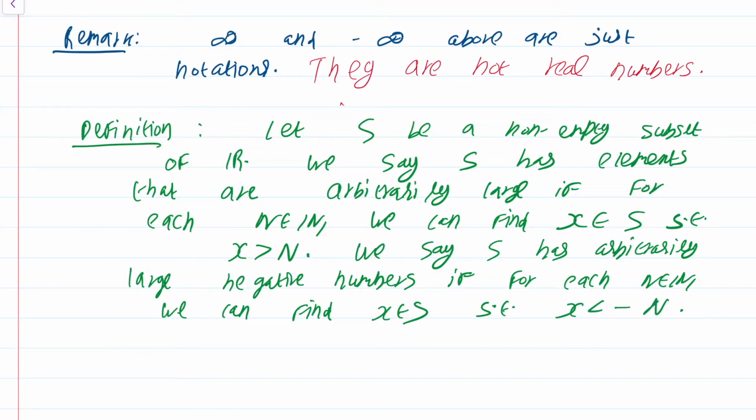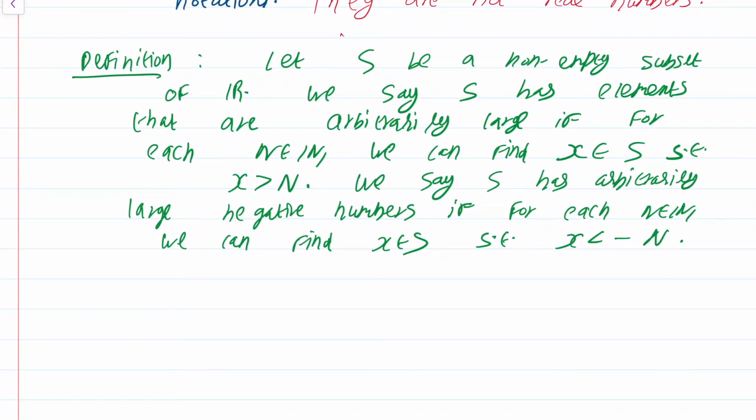So you can find elements that are as large as you desire but negative. So these are very nice formalizations of the intuitive notion of a set being arbitrarily large and arbitrarily small.